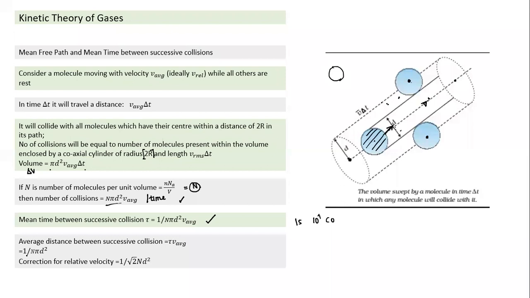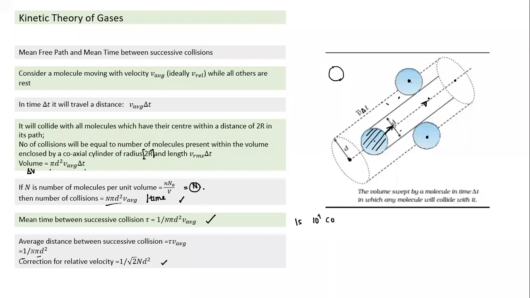This is the mean distance: 1/(pi d square n). D comes from the dimension of the molecule, and for a given gas the dimension is not changing. We have taken the average velocity. If you do a more rigorous mathematical calculation and apply the correction, the actual number comes to 1/(root 2 pi d square n). This is the mean distance between successive collisions.